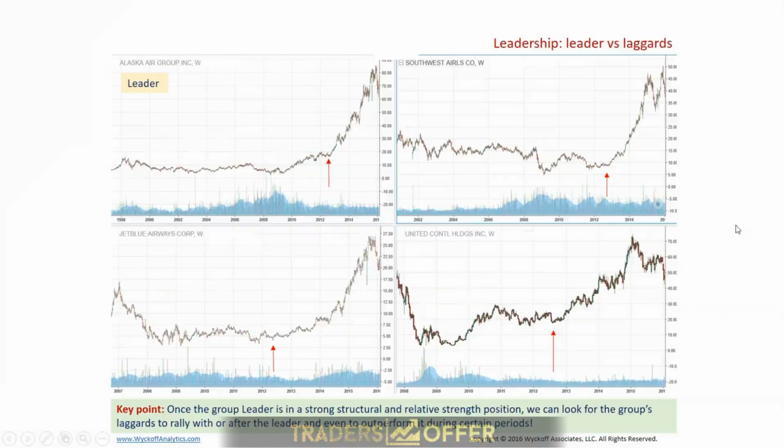So looking at where we are in 2012, this is where we want to start thinking about trading, swing trading, and not just the leadership stock, but also other stocks in that group. So how would we look at them, and how would we define them?